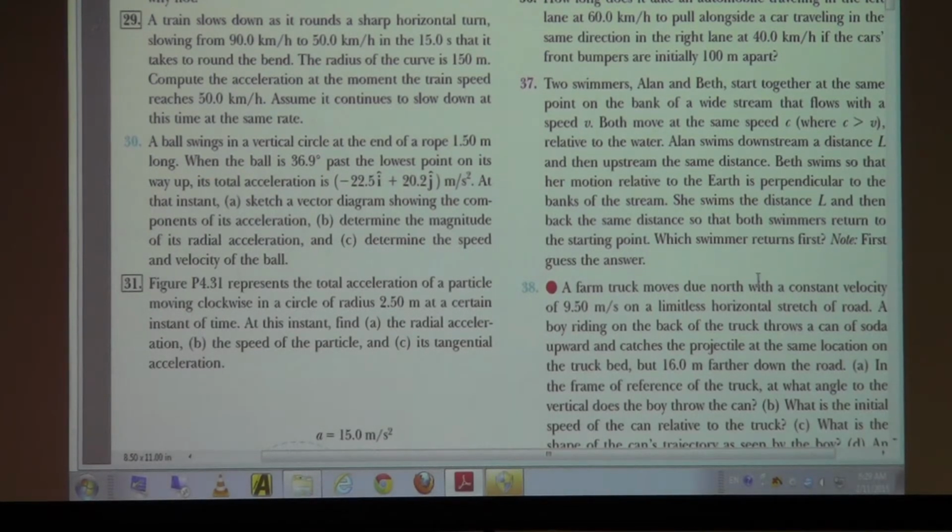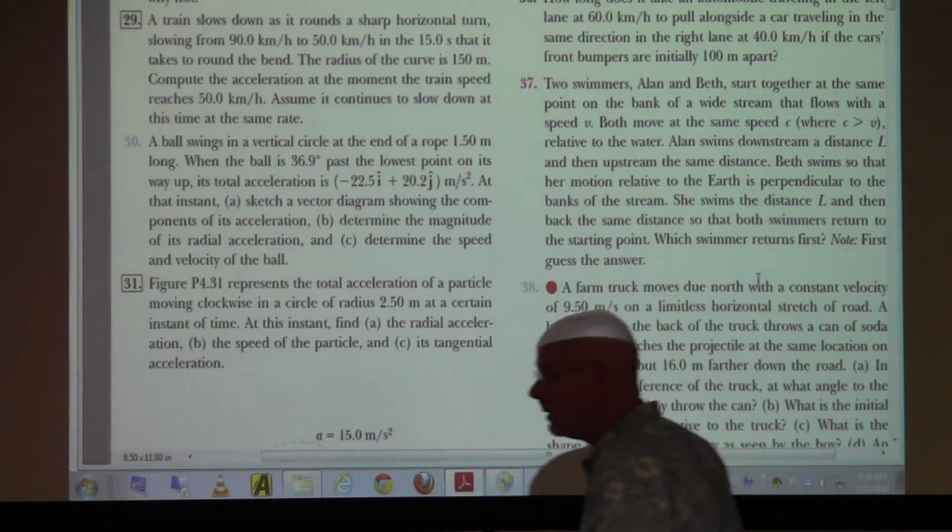Compute the acceleration at the moment that the train reaches 50 kilometers per hour. Assume it continues to slow down in this time at the same rate, so it has a constant slowing down rate. Now, with that said, let's see if we can draw a picture.